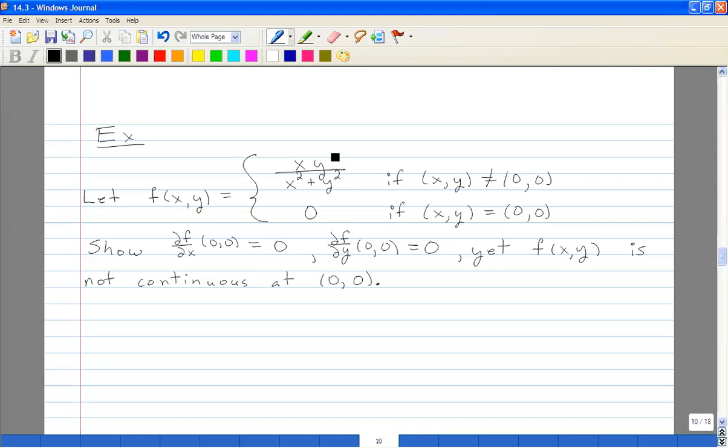Just like if you're trying to take the derivative of a piecewise-defined function of one variable at a point where it's defined differently, you really have to use the limit definition. So let's find the partial of f with respect to x at the origin.